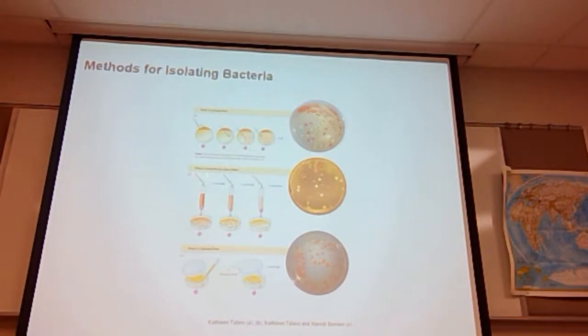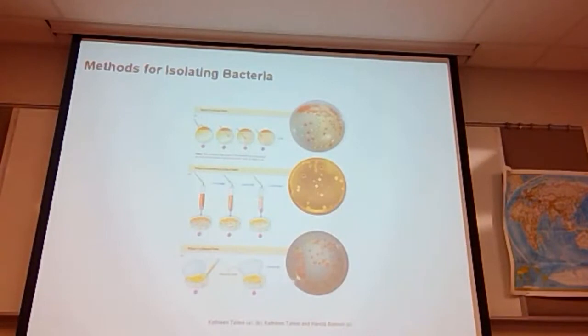And then the loop drop is a very similar procedure, but to do a loop drop, what you first have to do is what is referred to as a serial dilution. You take this product, reduce it by a factor of 10, so you've got 1 part of this and 9 parts of distilled water, and then you take this and dilute it by a factor of 10, so you have 1 part of this, 9 parts of distilled water.